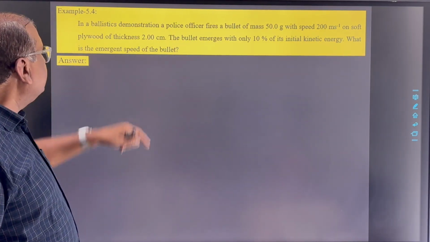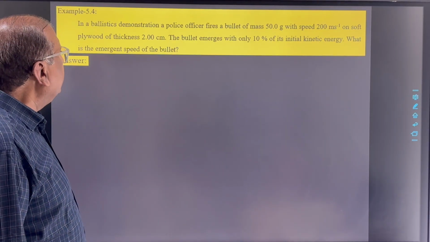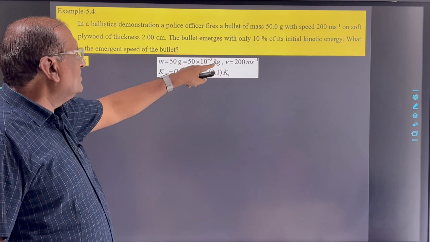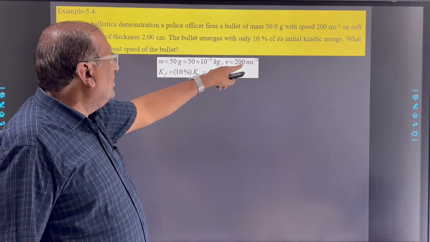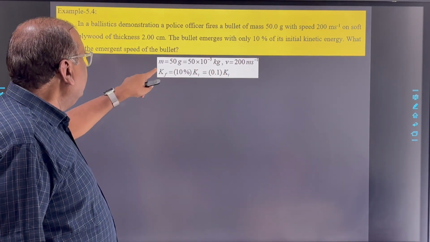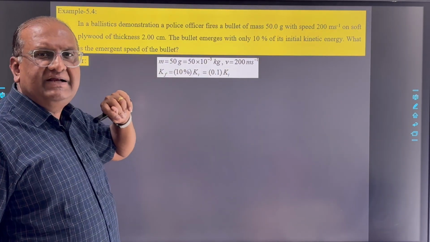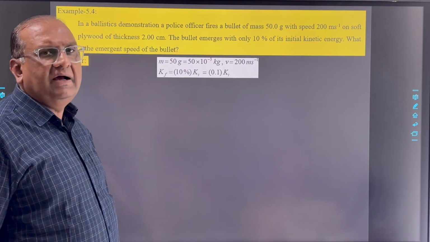What is the emergent speed of the bullet? Here it is given: mass is 50 grams, so that is 50 into 10 raised to minus 3 kilogram. Initial speed is 200 meter per second. Final kinetic energy is 10% of initial kinetic energy, means it is 0.1 times Ki.